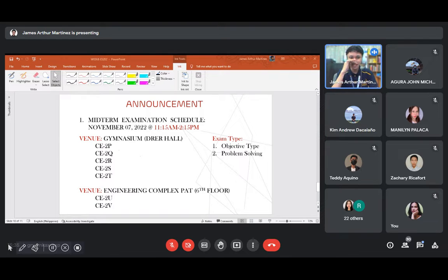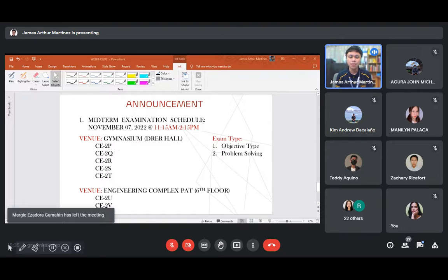Also, since this is section 2U, your venue for the exam is at the engineering complex, 6th floor. I hope you know where the 6th floor is. The exam type is objective type and problem solving.